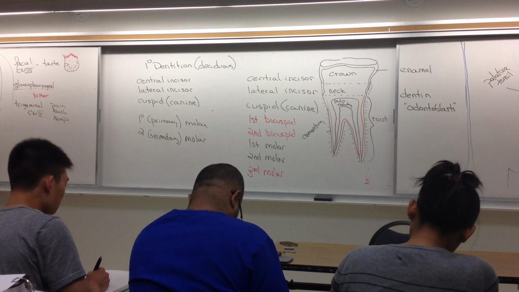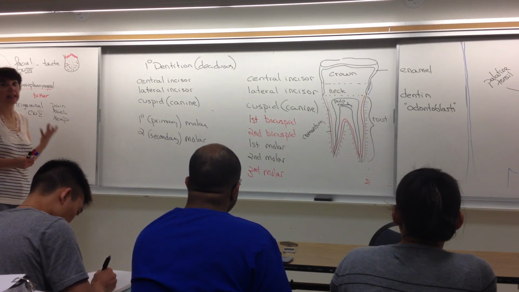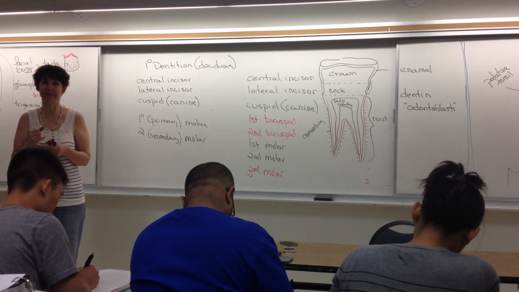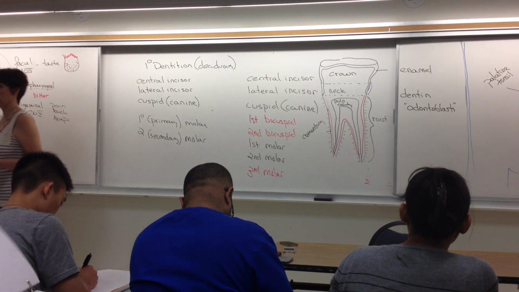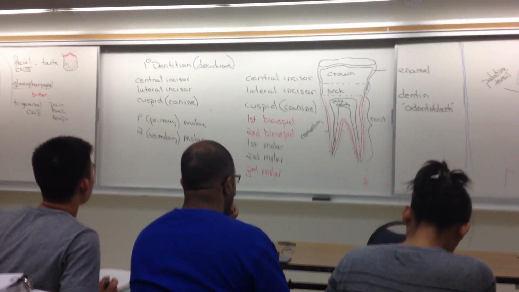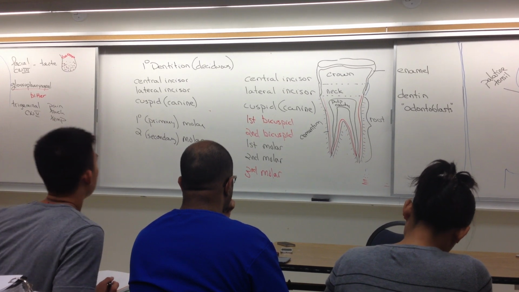Okay, before we leave the oral cavity, we have the last of the accessory organs, which are the salivary glands. And I'm going to illustrate that best by just showing you an image, because it's going to be outside the drawing that I have.